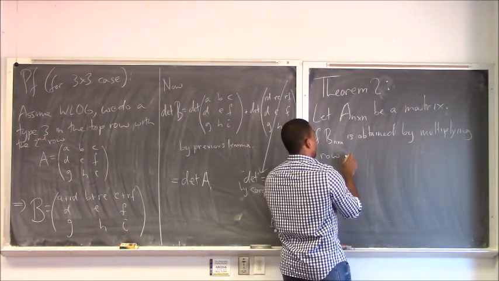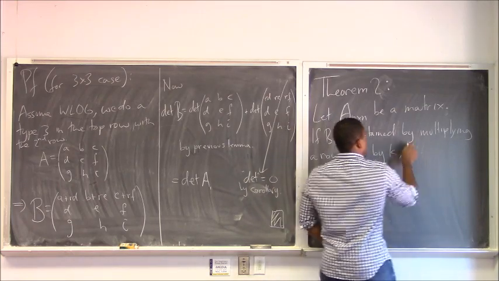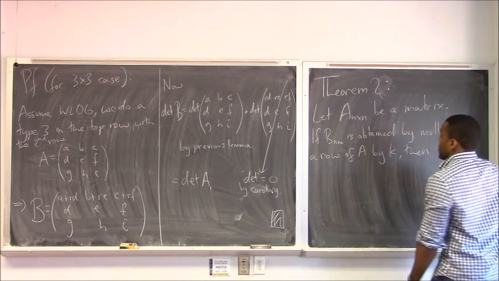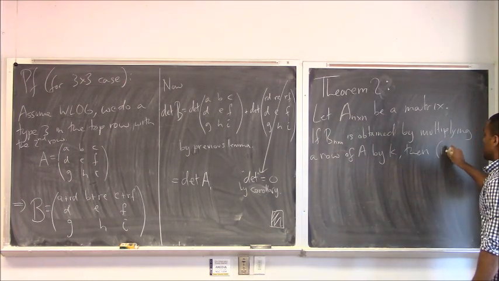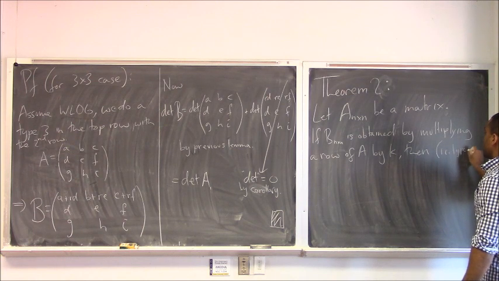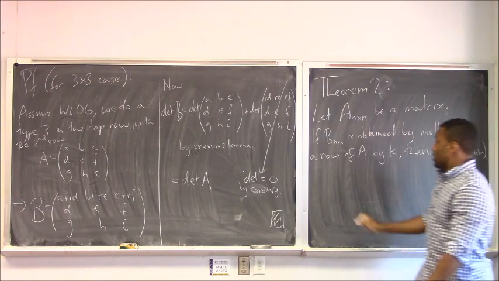By multiplying a row of A by k, i.e. that was what we call a type 2 operation, right? That was our definition. Multiplying a row by a scalar is called a type 2 operation.